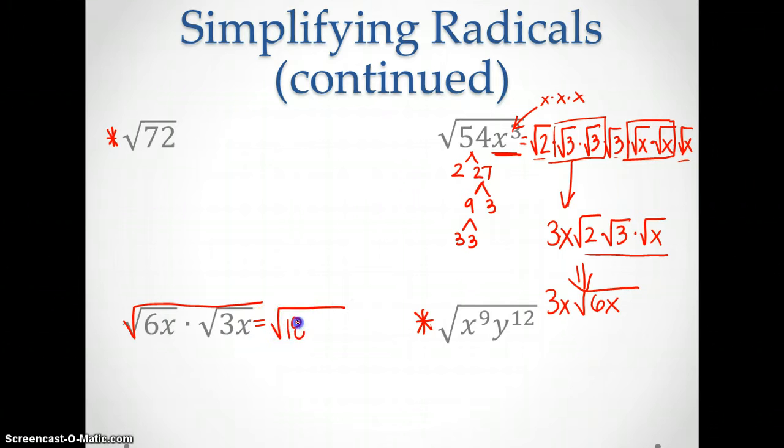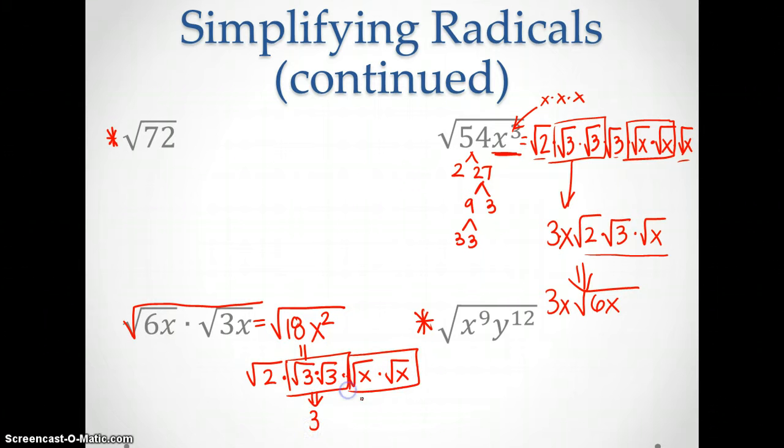So 6 times 3 would be 18, x times x would be x squared, and then you could break the number apart. 18 is 2 times 3 times 3, x squared is x times x. So there's a group that's going to make 3. There's a group that's going to make x. And then root 2 didn't have a pair to go with. So key for simplifying radicals: for square roots, look for pairs.